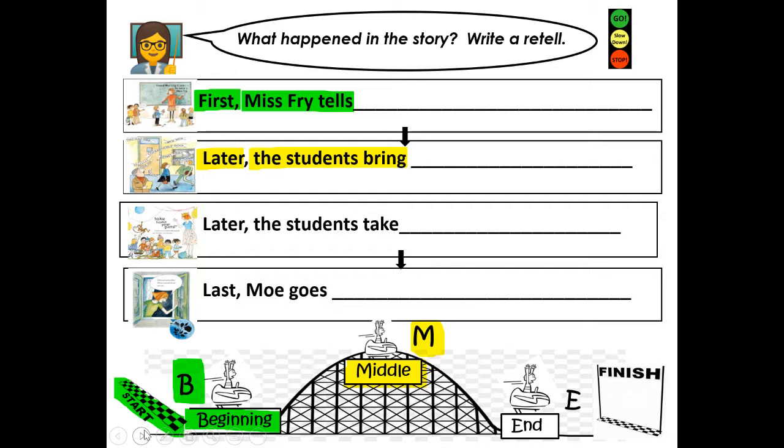Push pause and write this yellow sentence and finish it. What do the students bring? Later, the students bring, what do they bring? They bring their pets. So push pause, write this sentence and finish it. Don't forget your capital and period. And then when you're ready to join us, push play.